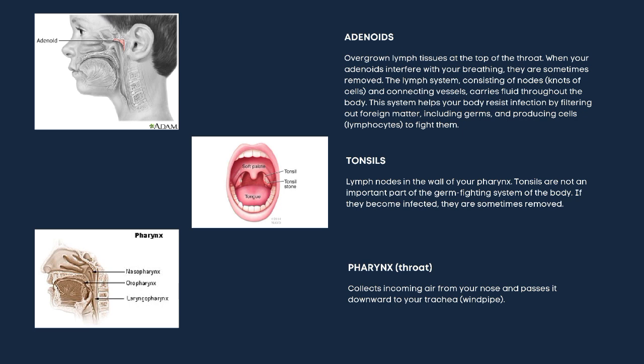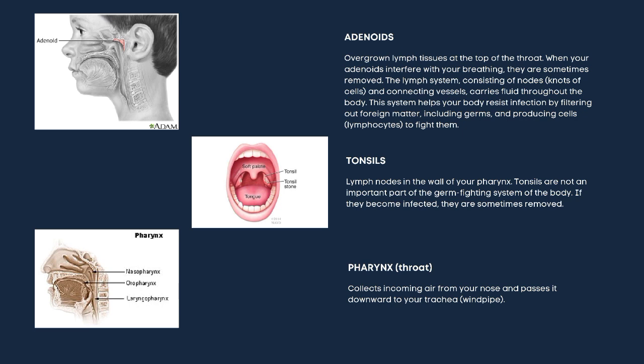The tonsils prevent foreign objects from slipping into the lungs. Think of them as goalies for the throat. They also filter bacteria and viruses. On top of all of that, they produce white blood cells and also antibodies.